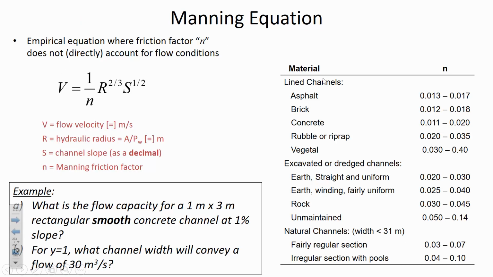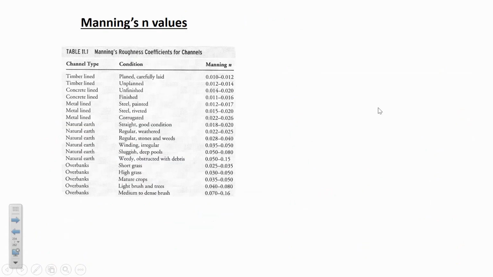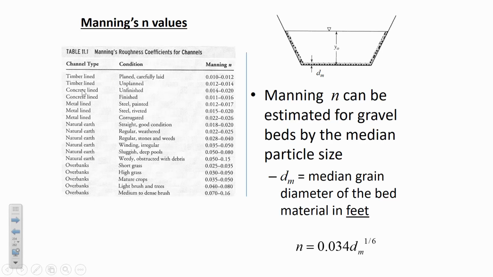All right, so this is a table of Manning's n values. The one in your textbook, table 11.1, has it for a variety of different material types, both natural materials and engineered materials. There's a formula that you can compare the Manning's n value to the median grain diameter of the bed material.